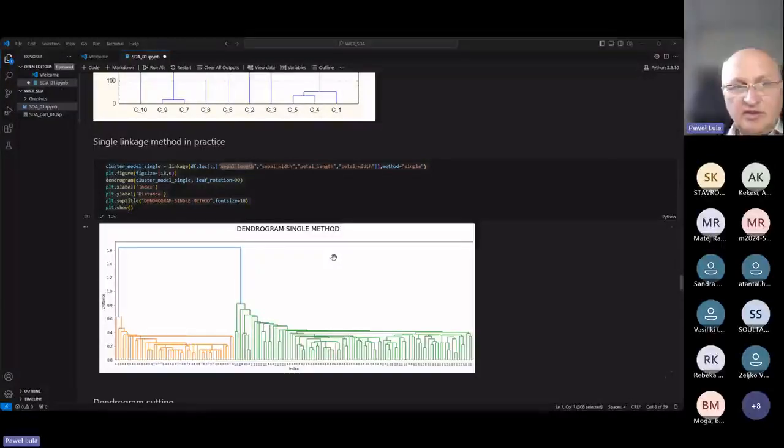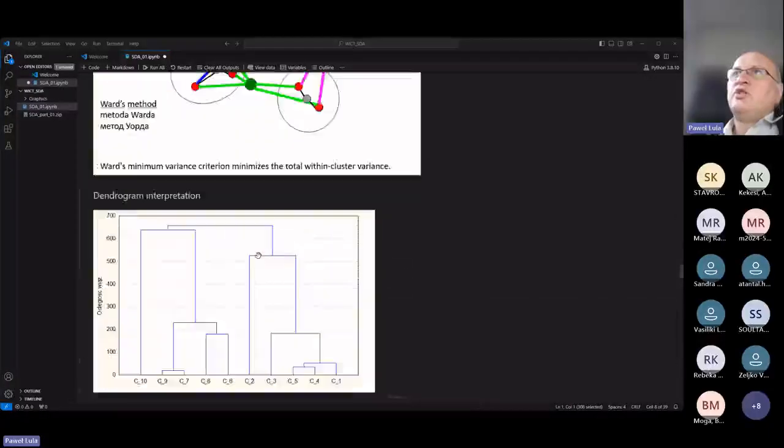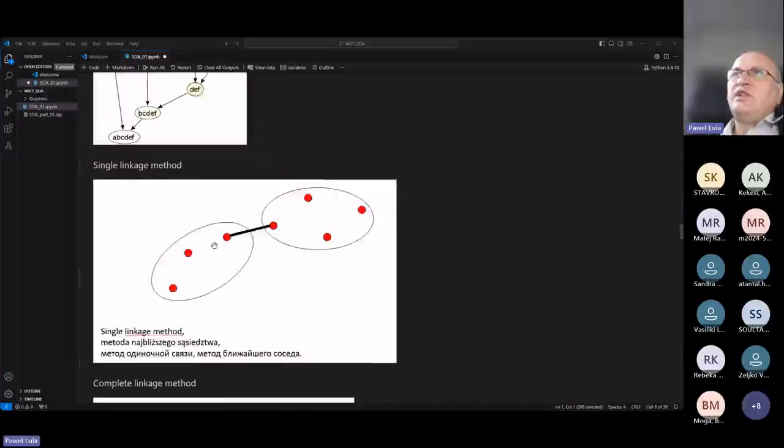I talked about different methods, 4 methods, and here I will use 2 of them for performing calculations using our dataset. First, single linkage method. The first method which I presented here, in which the decision about selection of clusters for merging is based on the shortest distance between objects belonging to 2 clusters.